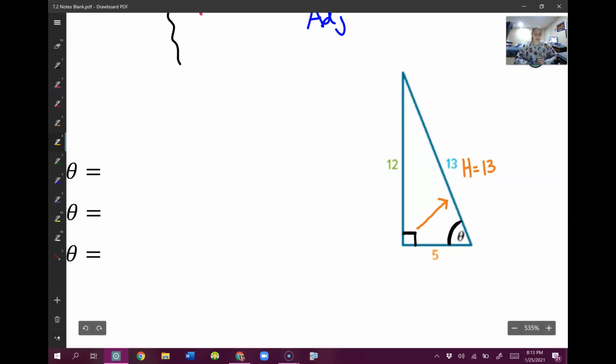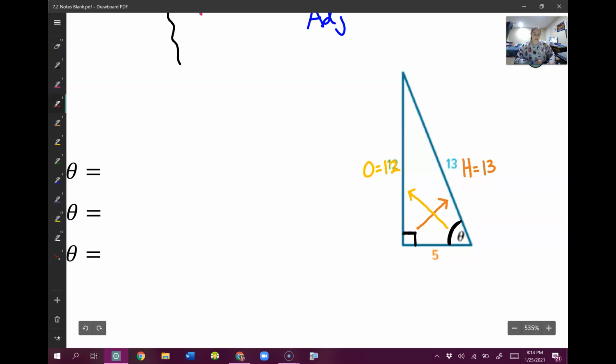Our next step, find the angle that you care about, and go across from the angle we care about. The side that is across from the angle we care about is our opposite side, because it's opposite the angle we care about, or across from.